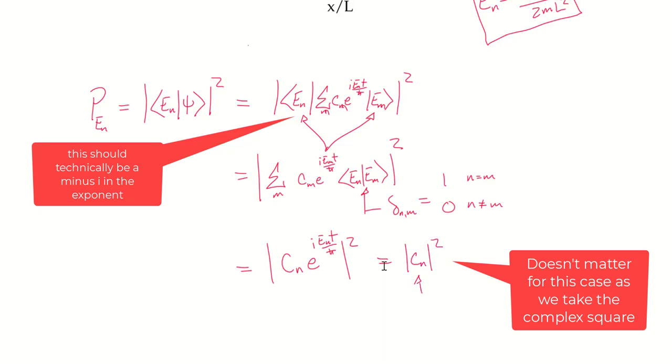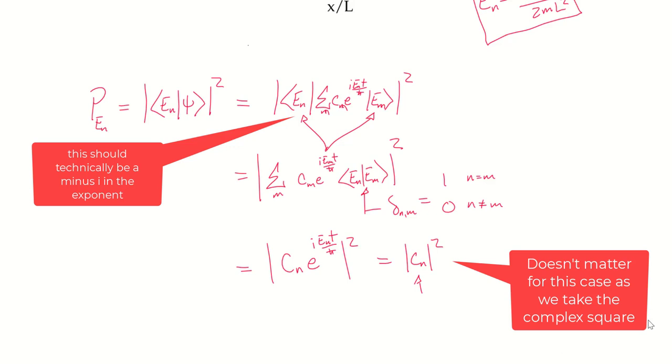We've already calculated those Cn's, so we know that's the probability. And it's the same probability as it would have been at t equals 0. We already discussed this when we were using just the spin representation: the probability of measuring the system in a given energy state is constant. But that's very different from saying that the state does not change with time. The probability of an energy measurement being constant does not imply that the wave function is not changing with time.